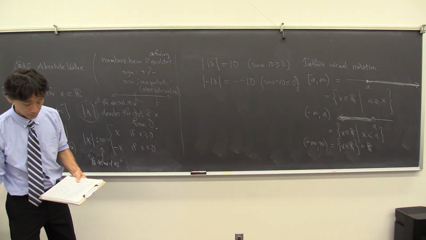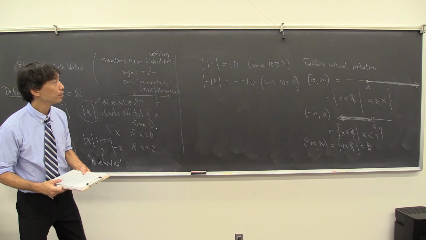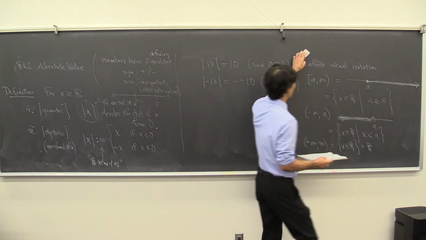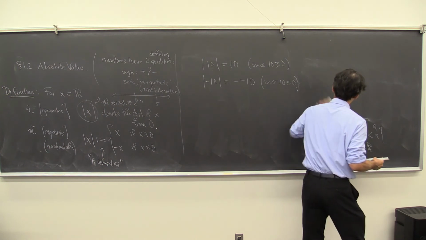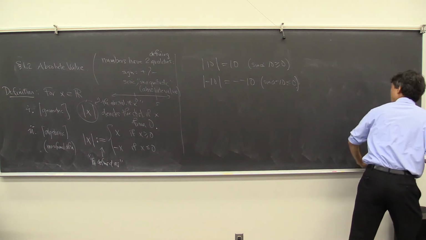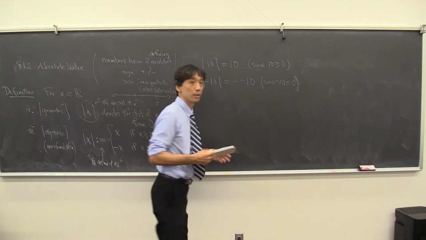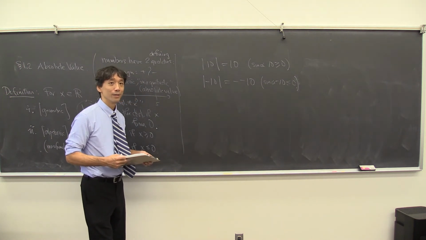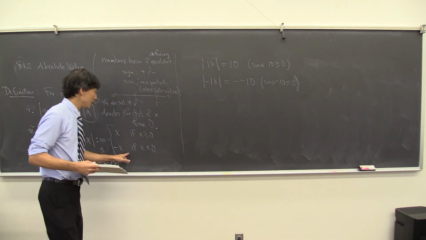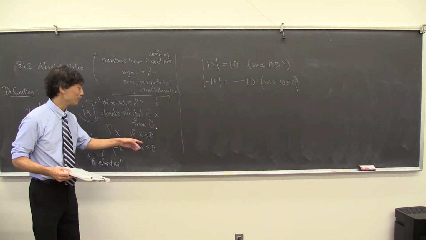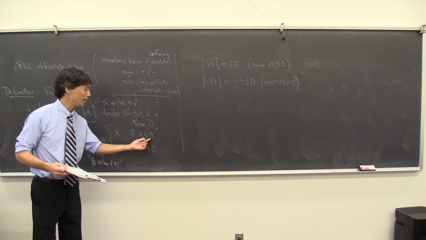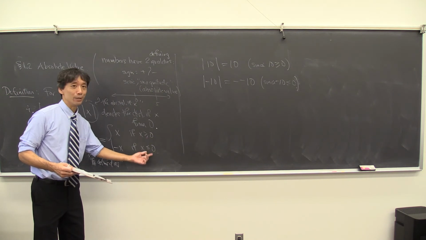Professor? Yes. I'm a bit confused on why we wrote negative x if x is less than or equal to 0. Let's say it is 0, then why is it negative x? It will be because negative 0 is still 0. Oh, I see. I'm glad you pointed it out, you could do it either way.